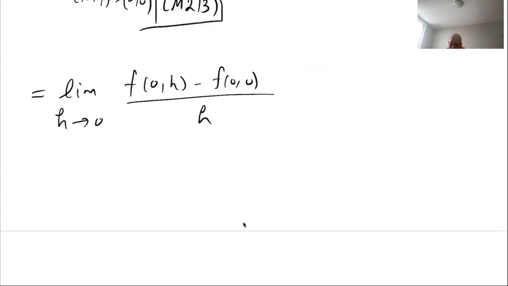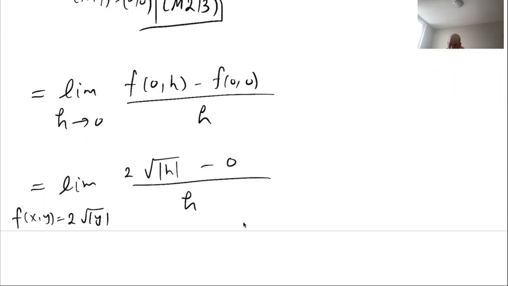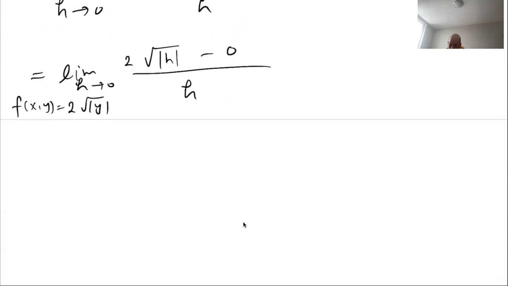And then, well, what was f of x and y here? f of x and y was 2 root absolute value y. So f of 0 and h will be 2 root absolute value h, f of 0 and 0 will be 0, divided by h, as h approaches 0. Now we can do the right limit and left limit separately.